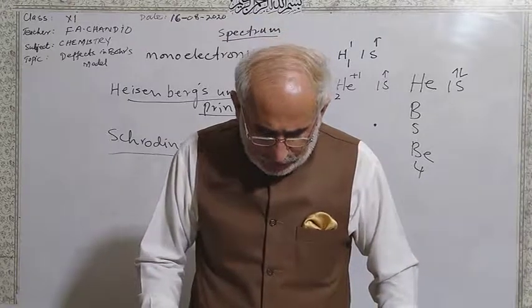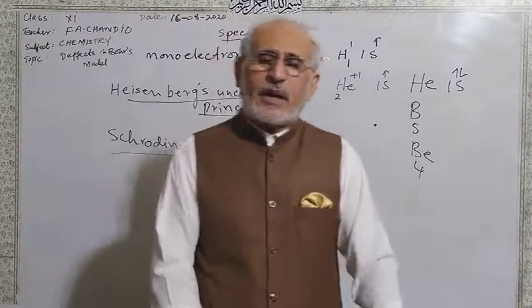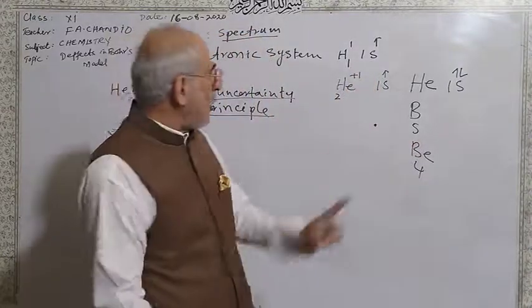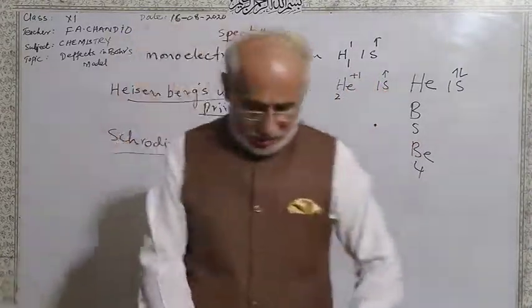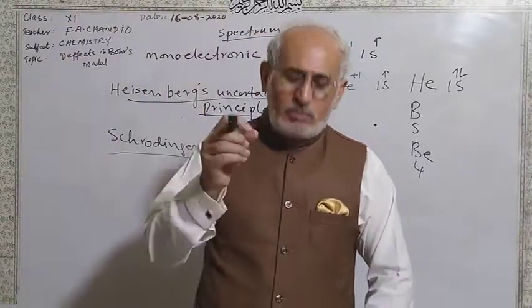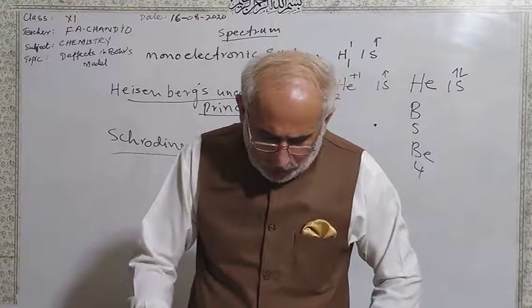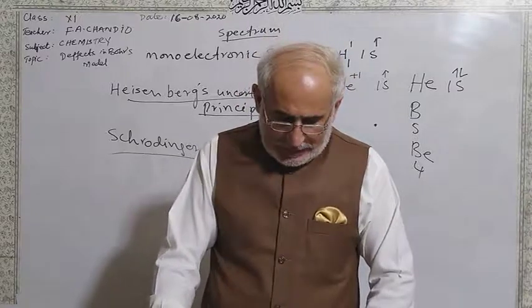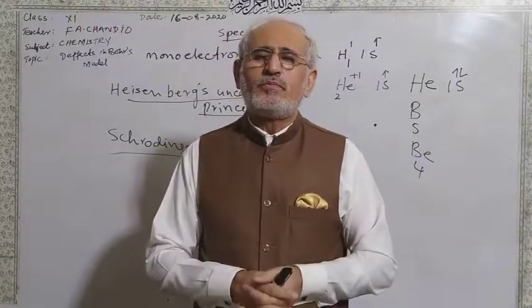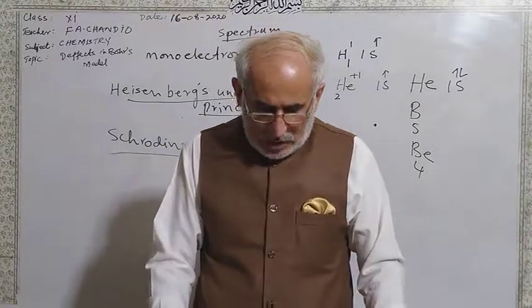According to the Schrödinger wave equation for the hydrogen atom, again there is a defect. Hydrogen is a monoelectronic system. He is not talking about multi-electron systems, so I am not going into detail. For the hydrogen atom, according to him, although the position of the electron cannot be found exactly, the probability of finding the electron can be ascertained. This is the point of the Schrödinger wave equation.